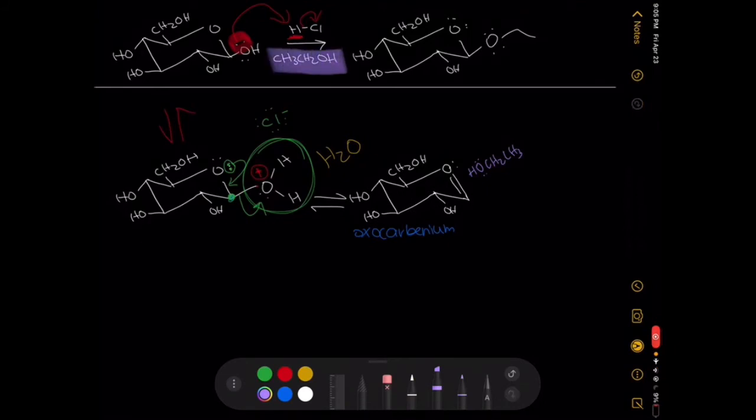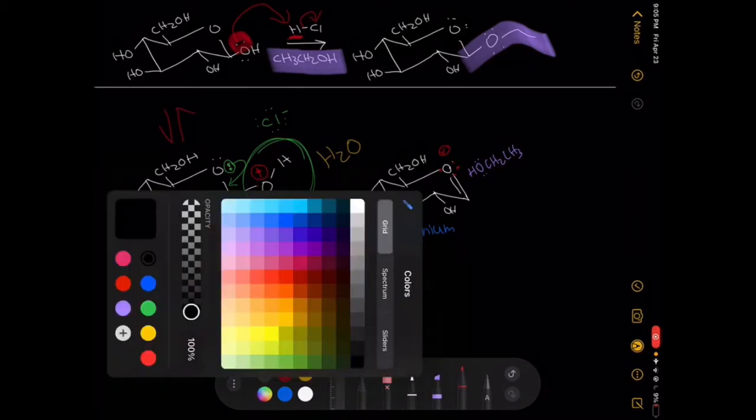We have to somehow put it right here in this OCH2CH3. To do that, remember that this oxygen right here is positive right now. It has 1, 2, 3, 4, 5 electrons. It's missing 1, so it has a charge of positive.